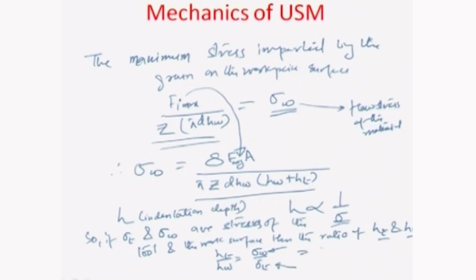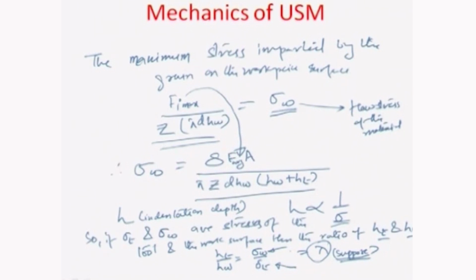Let us suppose that this ratio is equal to some constant lambda, particularly because we are not changing the tool material or the workpiece material. So, it is really a material property, and that ratio is represented by this factor lambda here.